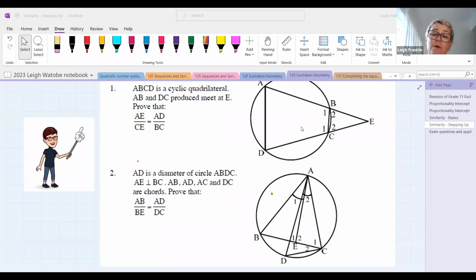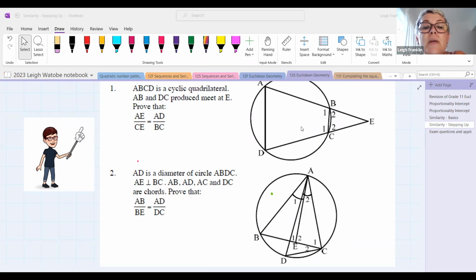What I'm showing you now is very, very difficult, so it is hard to understand. This is why your understanding of geometry from grade 8, grade 9, grade 10, and especially grade 11 is so important. You've got to go back to those basics and be able to see what it is that we're talking about.